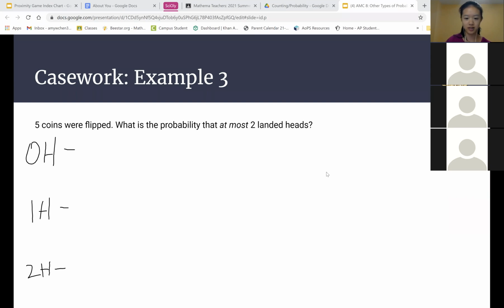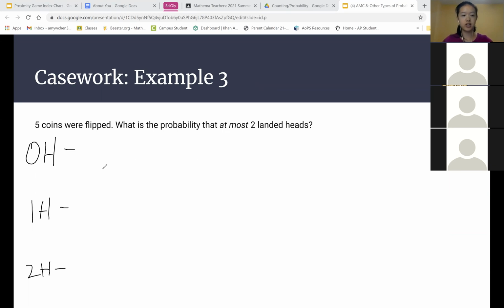Okay. So I'm assuming you guys at first didn't think that 2 heads counted, but it does because it says at most 2 heads, which includes 2 heads, 1 head, and 0 heads.